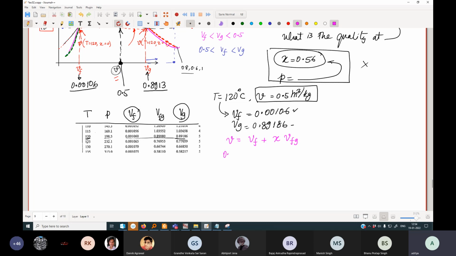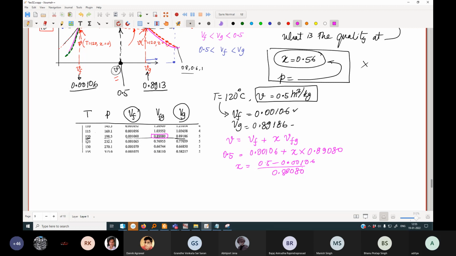So 0.5 is equal to Vf, which is 0.00106, plus x times Vfg, and Vfg is equal to 0.89080. So x is equal to 0.5 minus 0.00106 divided by 0.89080. I have a calculator handy with me.